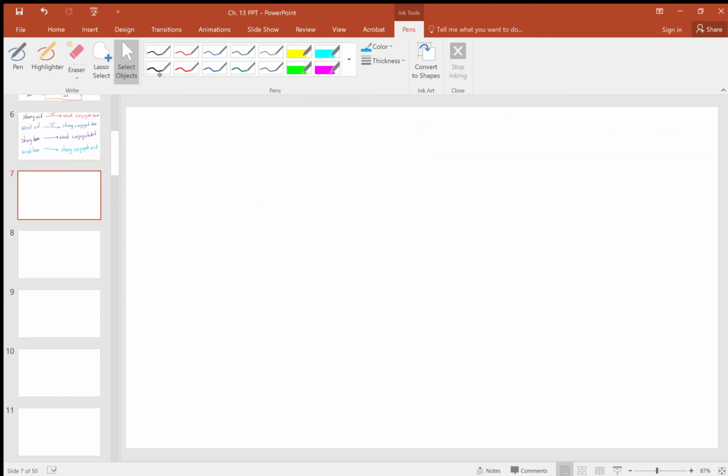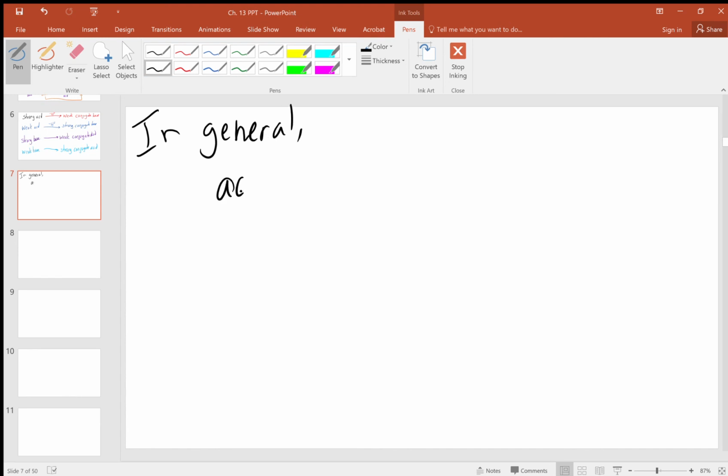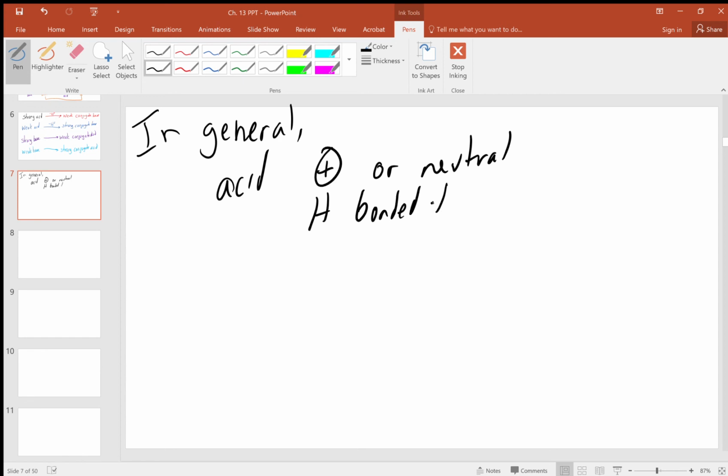So in general, in terms of trying to recognize acids and bases, an acid has to be either positive or neutral, and is often a hydrogen bonded to a highly electronegative element.